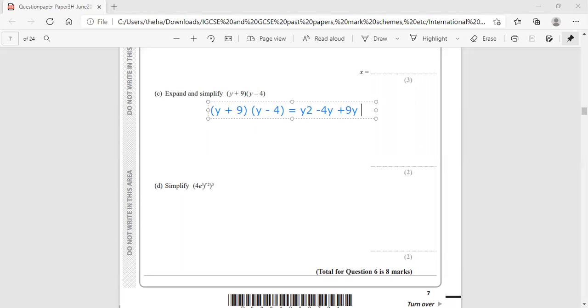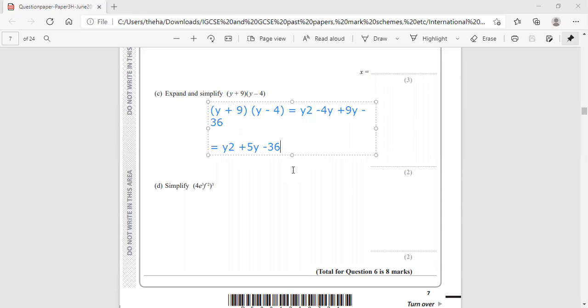And finally we need to do positive 9 times -4, which will give us negative 36. Then we can combine all of the like terms. So we're going to have y squared plus, adding 9y to -4y gives us 5y, minus 36, and that is our answer.